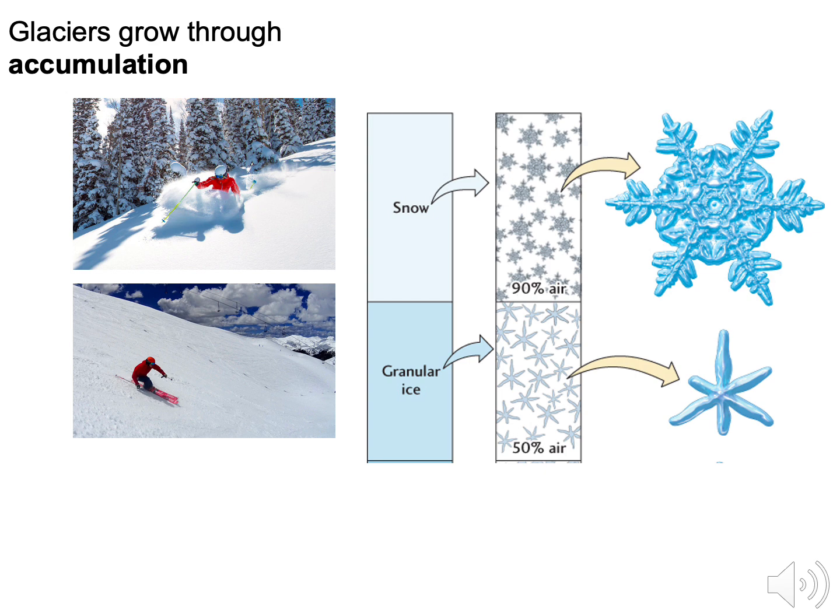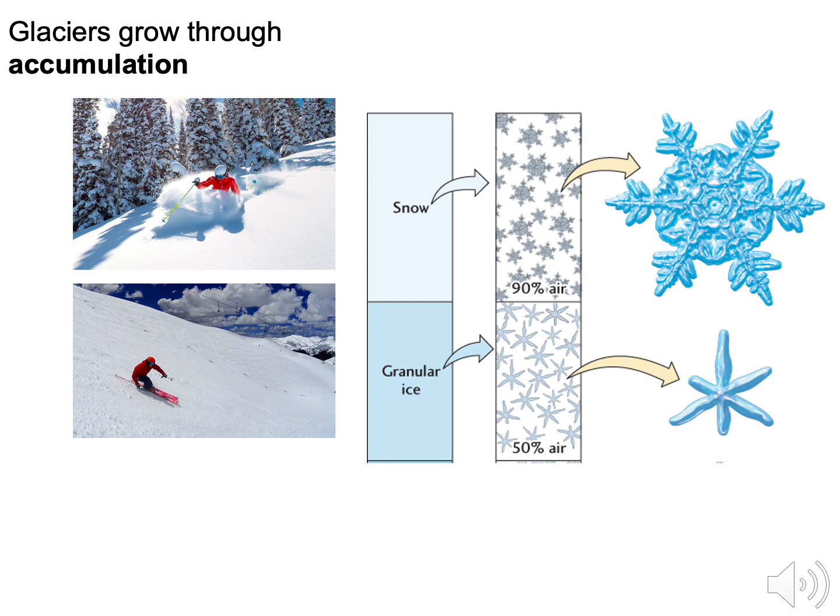As that snow is compressed, we're reducing the amount of air, or the amount of pore space, present in that snow. So we're reducing from about 90% air to 50% air. In doing so, this is also modifying the ice crystals themselves. They're no longer these large, intricate snowflakes, but instead they have been reformed and remelted to form granular ice.